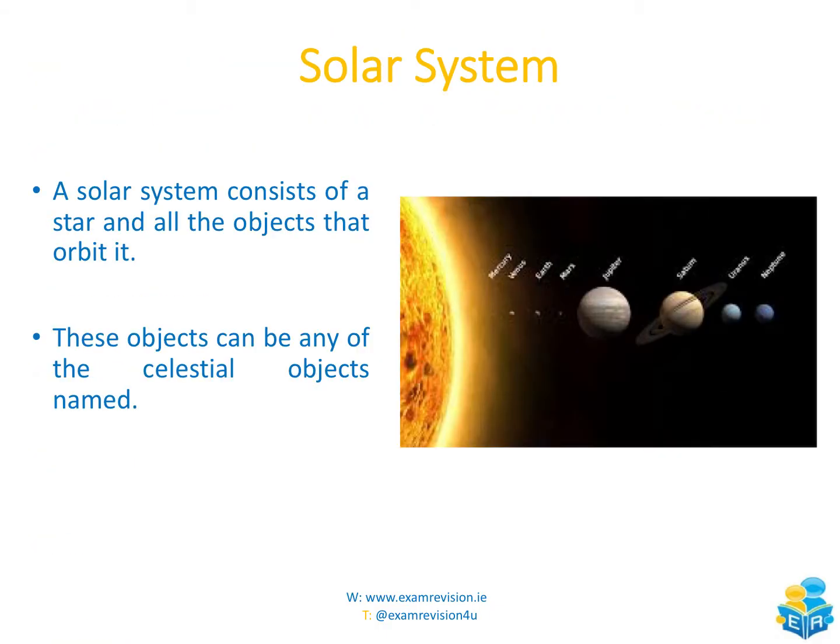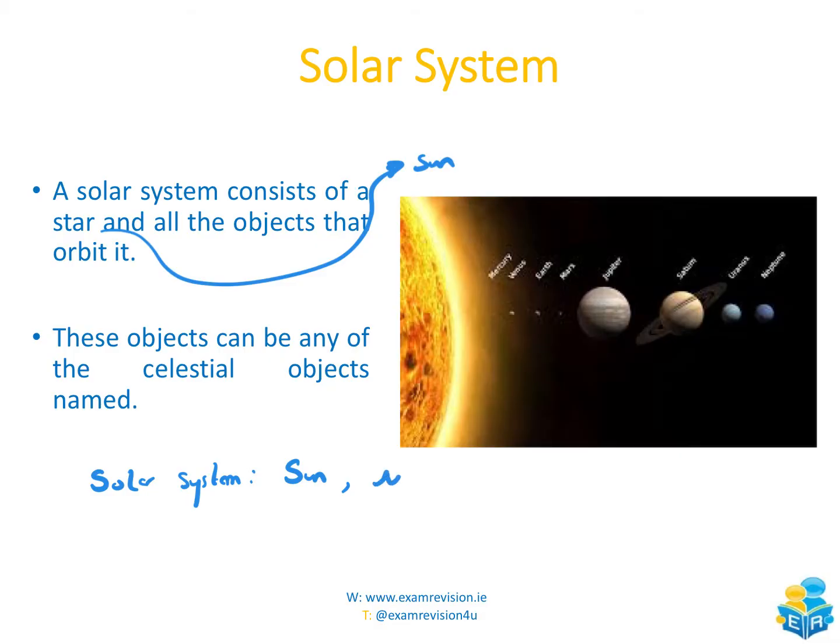Okay, so the first thing we're going to focus on here is the idea of a solar system. A solar system consists of a star, which in the case of our solar system is the sun, as well as all of the objects that orbit it. Now, these objects that orbit the star can be any of the celestial objects which we've previously mentioned. So in our solar system, we have the main star, which is the sun. We have all of the planets, Earth, Mercury, Venus, Jupiter, Neptune, and so on.